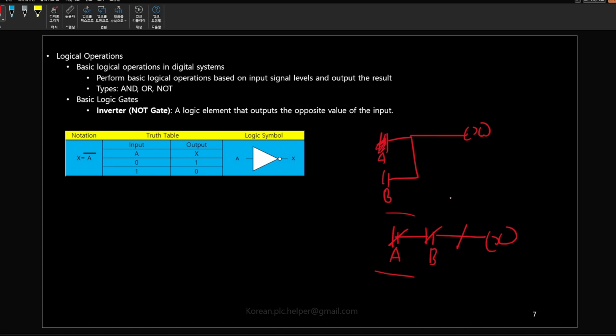A true is X true, B true is X true. A off is false, but the NOT gate output is true, so X is on. B off is false, but the NOT gate output is true, so X is on.